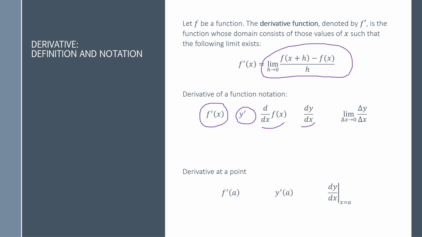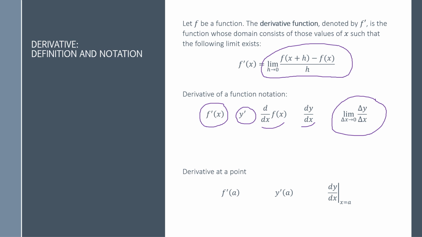All of these things represent the same, just different types of notation. Now, this limit definition is not something I personally use, but if you see it in the textbook or maybe in another source, that's okay. That's just another way to represent the derivative.